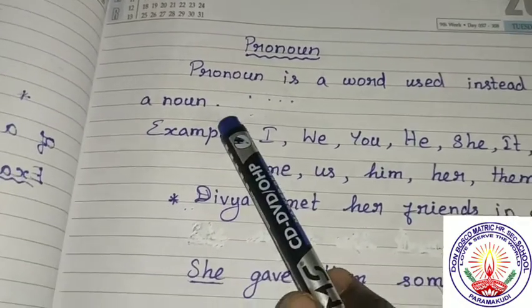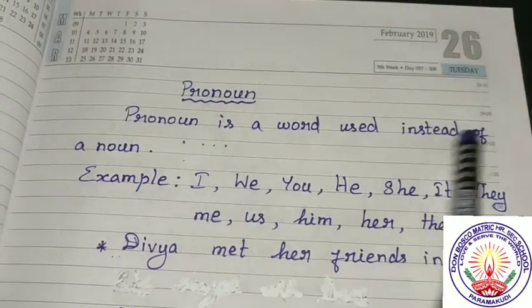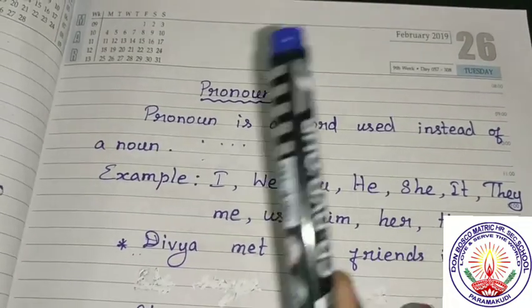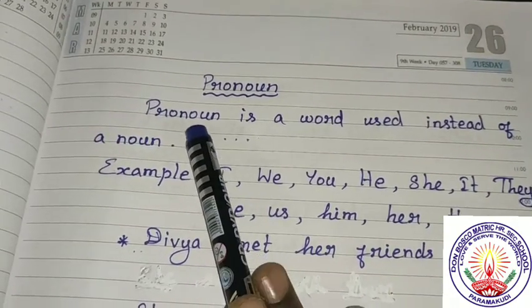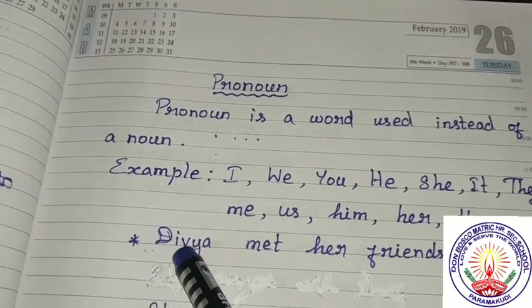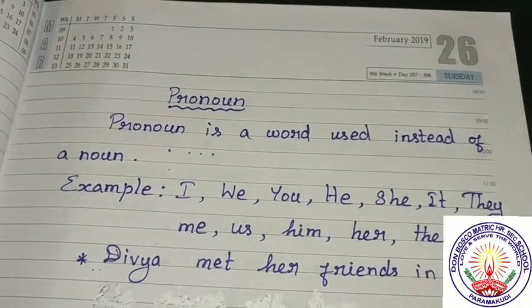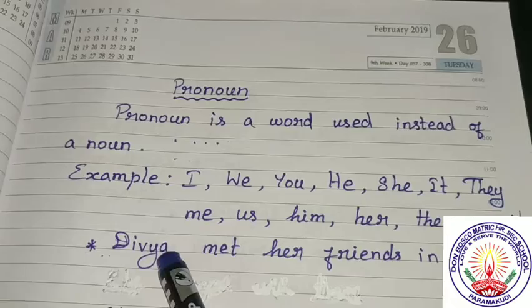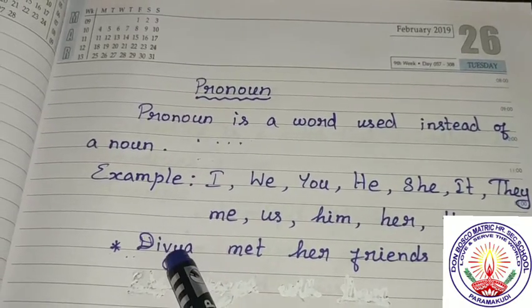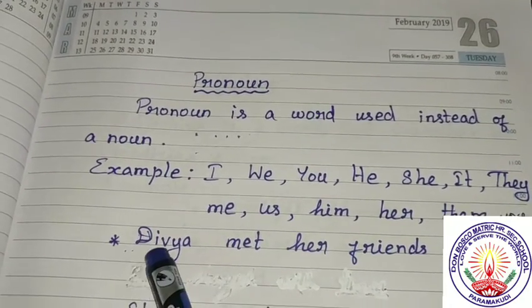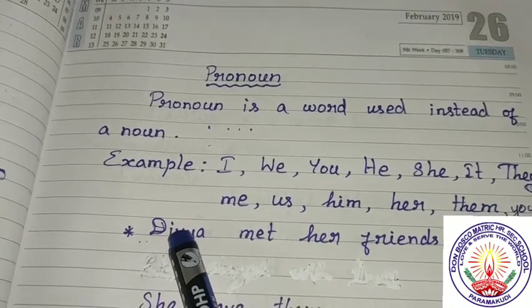So what is a pronoun? A pronoun is a word used instead of a noun. That is, in place of a noun we can use a pronoun. For example, Divya met her friends in Chennai. Here Divya is the name of a person, so Divya is a noun.